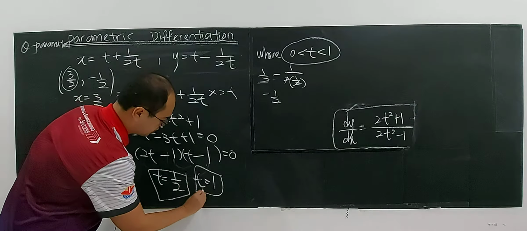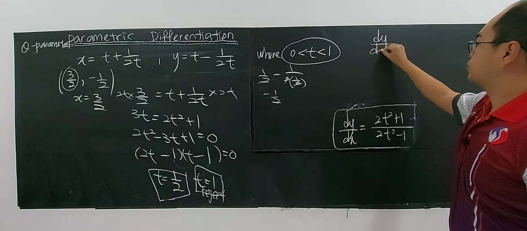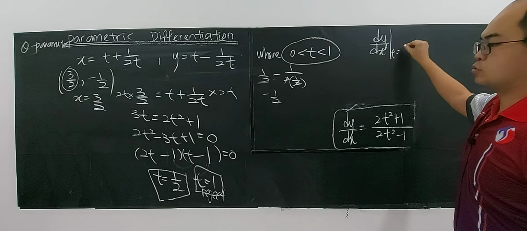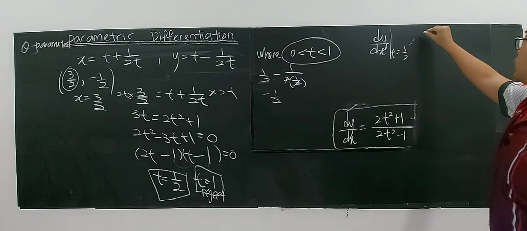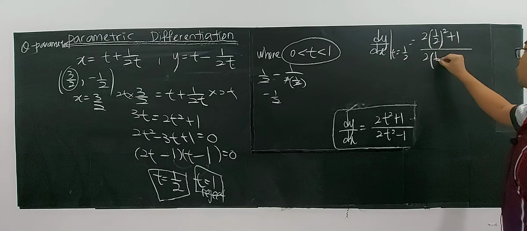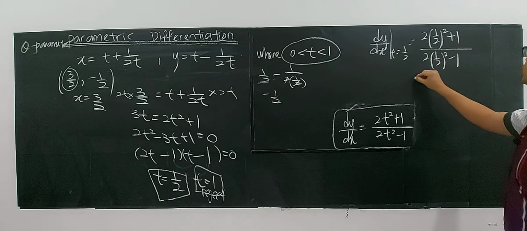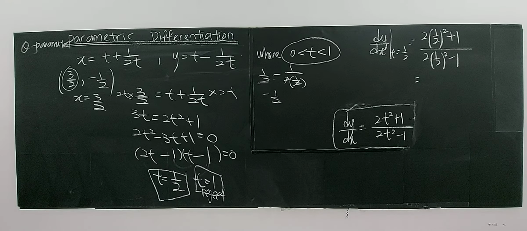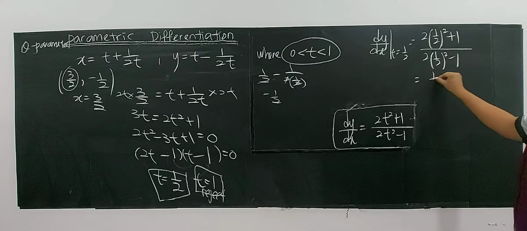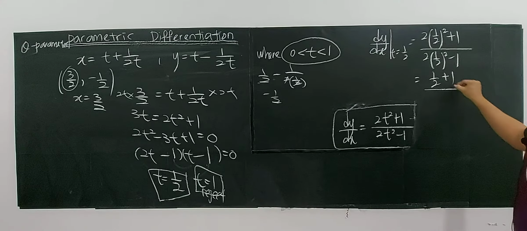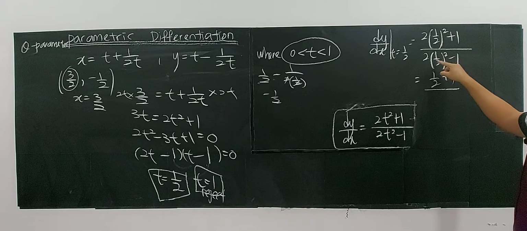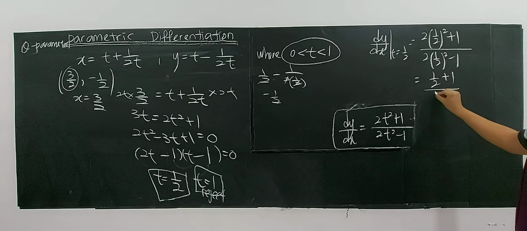So dy/dx when t equals 1 over 2 will be 2 times (1 over 2) squared plus 1, over 2 times (1 over 2) squared minus 1, right? I have to evaluate this. 2 times 1 over 4 gives 1 over 2, so you have 1 over 2 plus 1 and 1 over 2 minus 1.